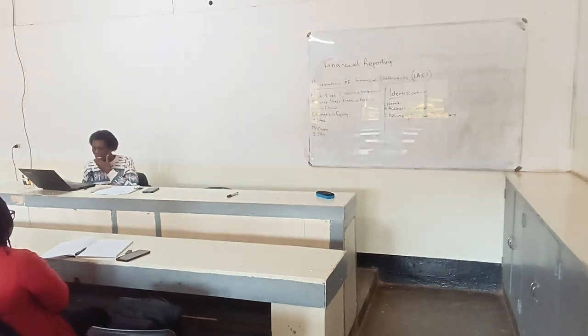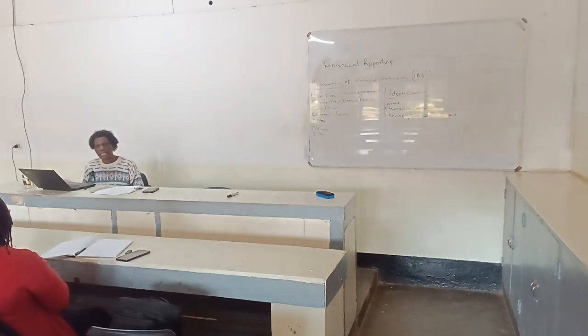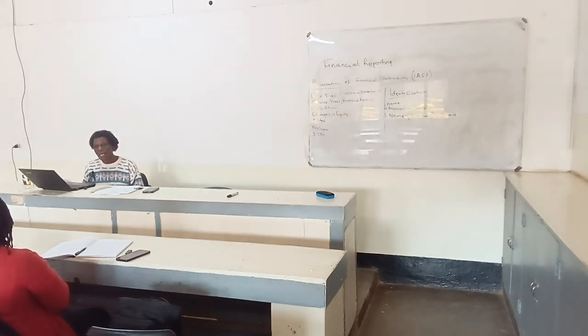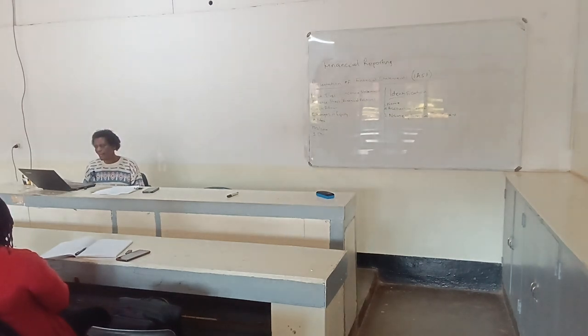That's why it is advisable by International Accounting Standard number 1 that we should always report within 6 months after the reporting period. Even when you are reporting at the office, is it the same?